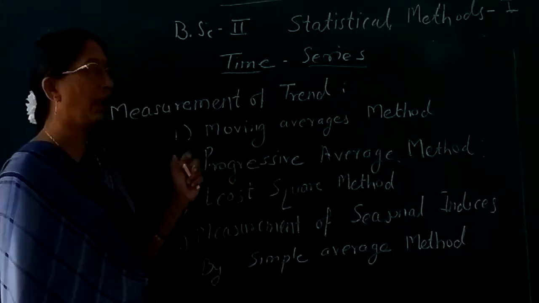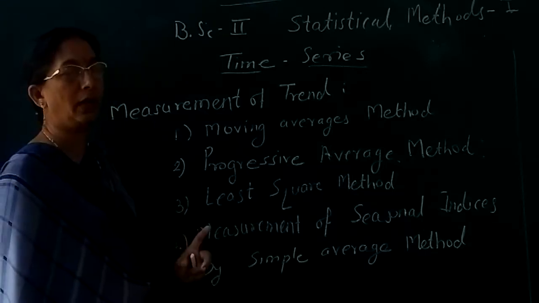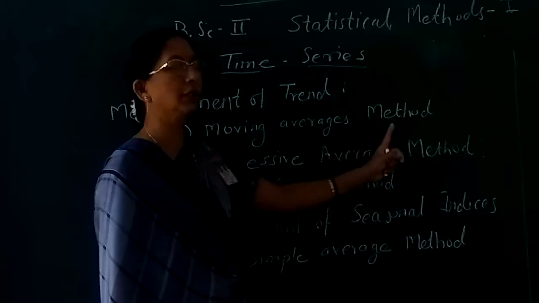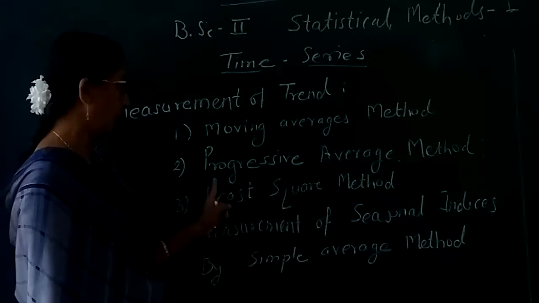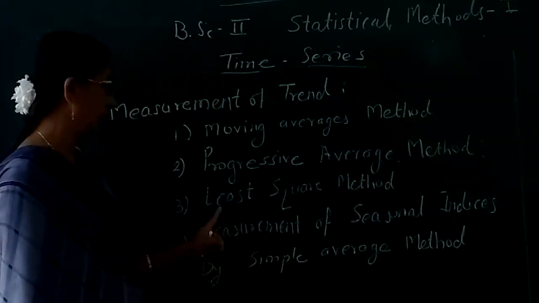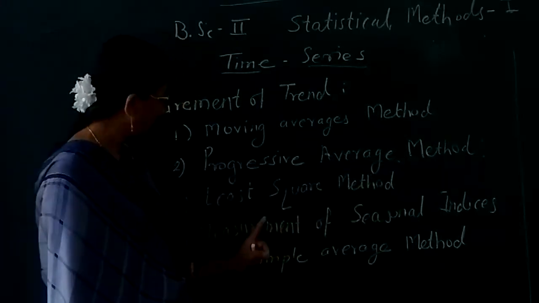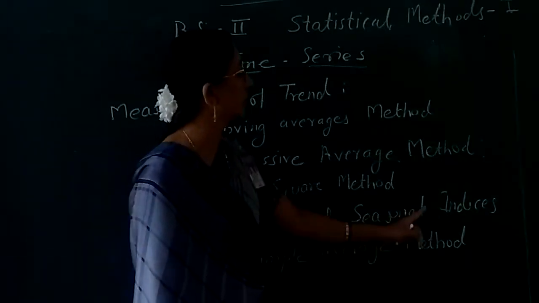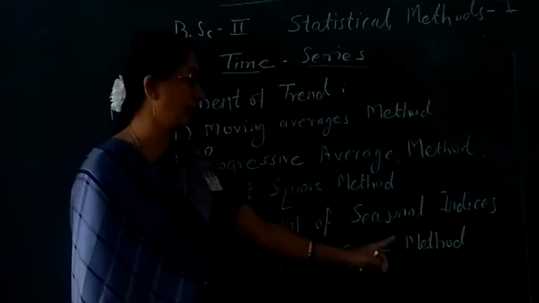The trend can be calculated by these four methods, namely first, moving average method, second, progressive average method, third, least square method, and fourth, measurement of seasonal indices by simple average method.